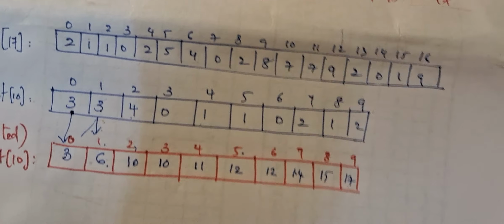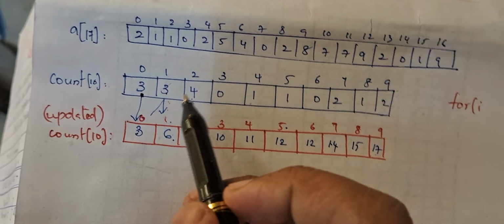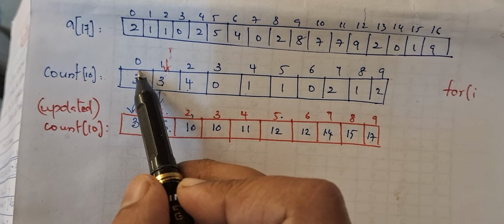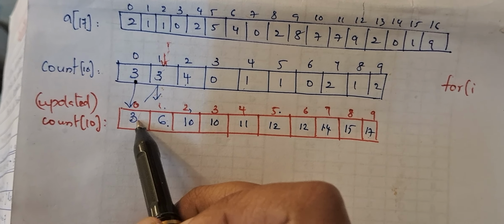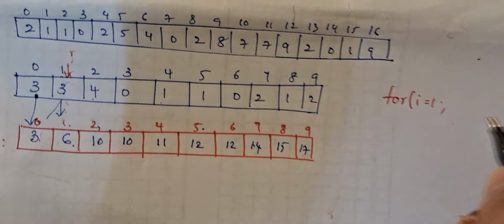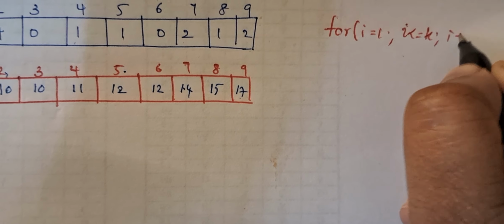Okay, so how to write the code for this? We need to traverse from index 1 onwards, because we are writing the same element at index 0. So for I equal to 1, I less than or equal to k, I plus plus.